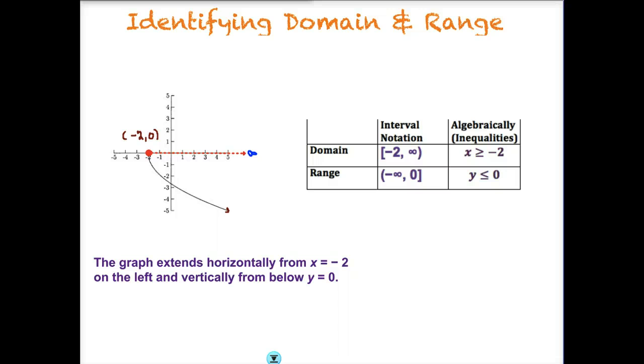Now let's examine our range. So notice this line is angling down. So we start down here somewhere at -infinity, because it'll never end, it'll continue to go down forever. And if we travel up from -infinity, it does stop here though at 0.